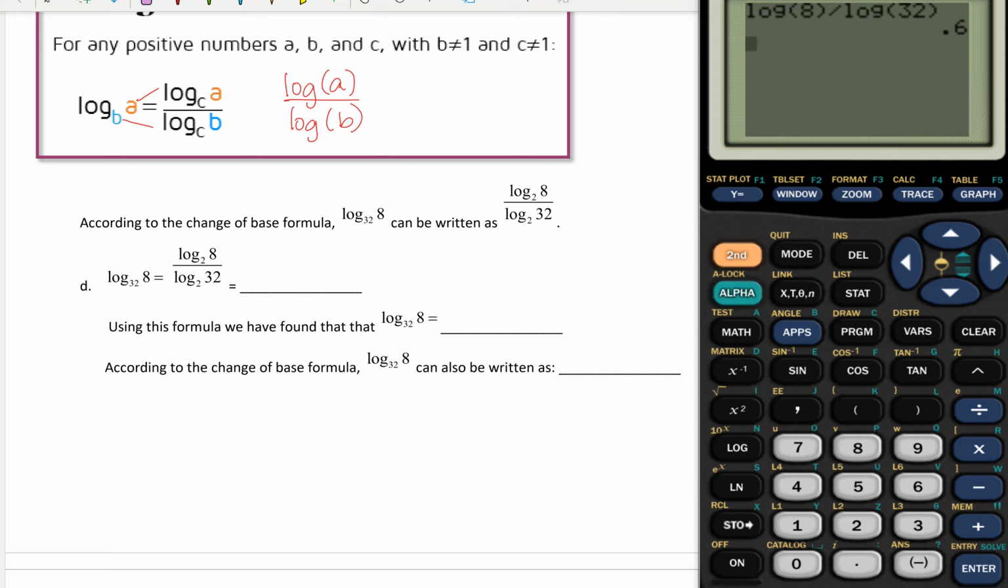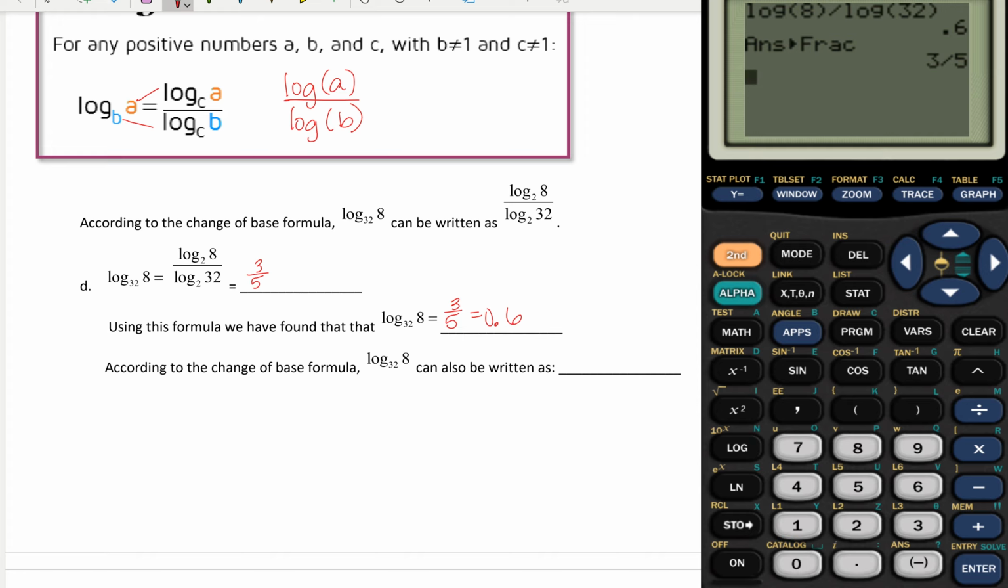Don't give me the decimal. We go math, and we hit enter, so that it puts it back into the fraction, which happens to be 3 over 5. So using this formula, we have found that log 32 of 8 is equal to 3 over 5. Or in this case, because it is a nice, clean decimal, we can actually say that it is 0.6.